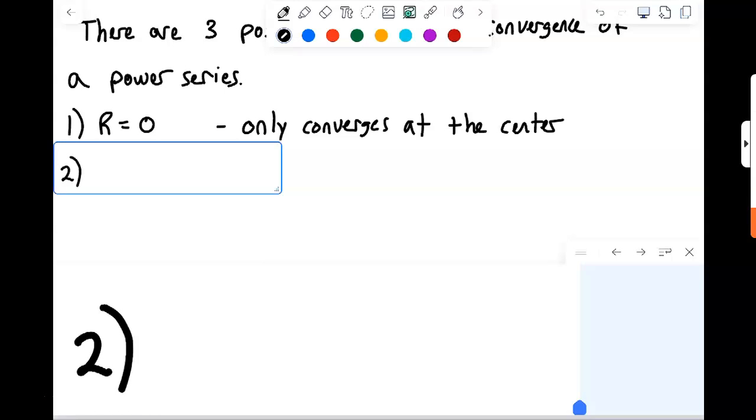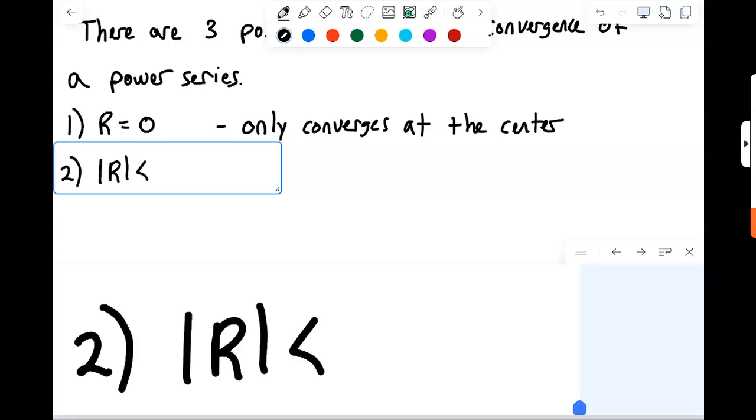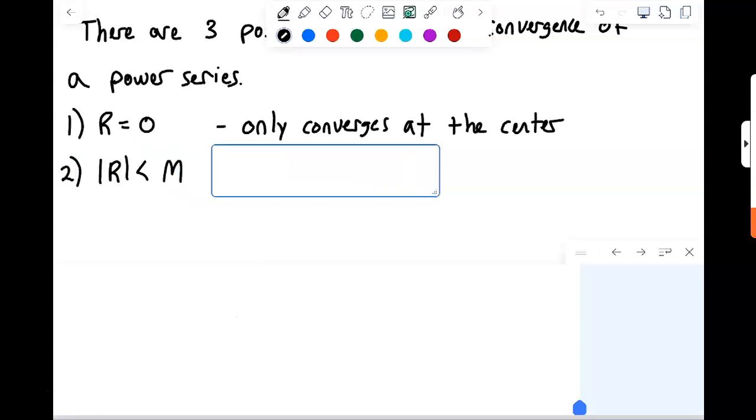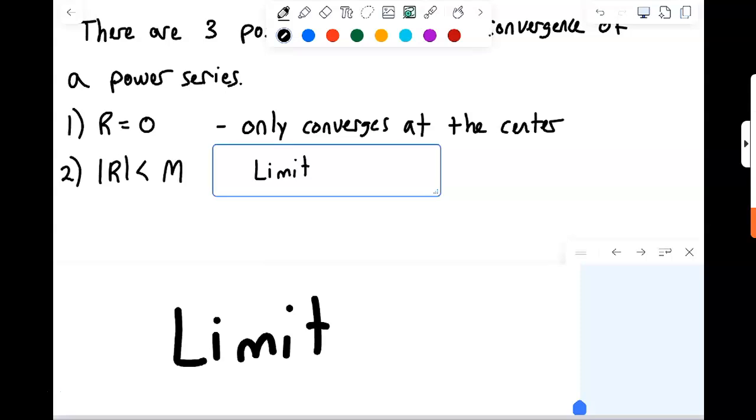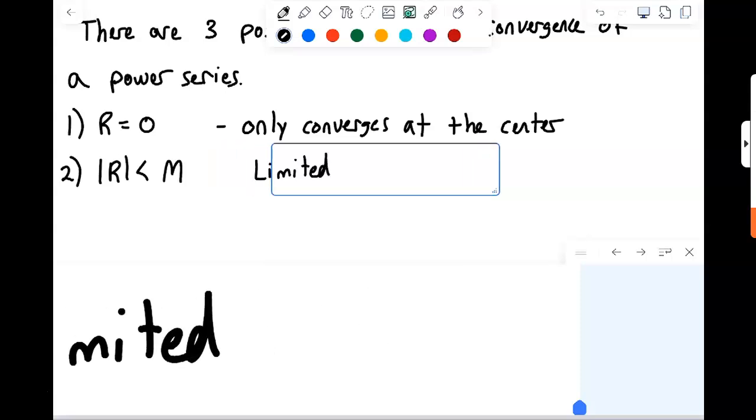Scenario number 2 is that the absolute value of R is less than some number. That means that we have limited convergence. It converges sometimes and it diverges other times.